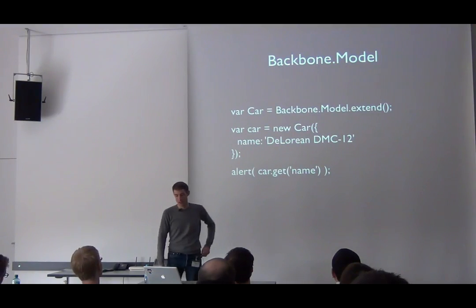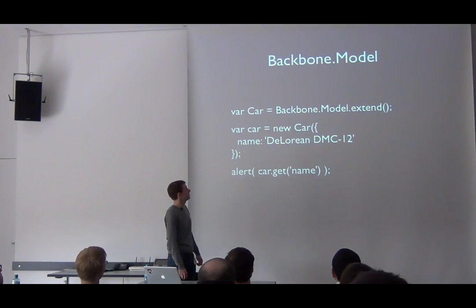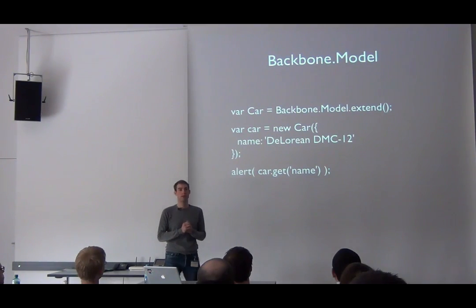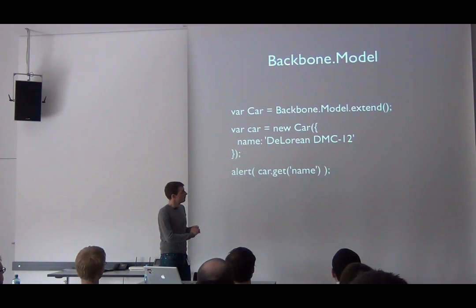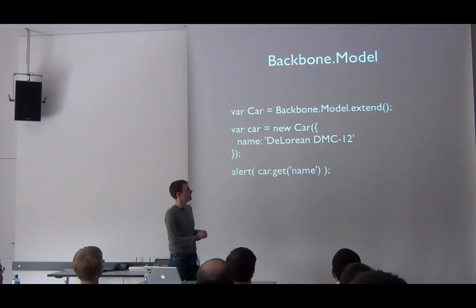This is an example of a simple model. We create a new model by saying Model.extend, and in the extend call you could also declare new methods which the normal model doesn't have. In this case, we are not doing this.